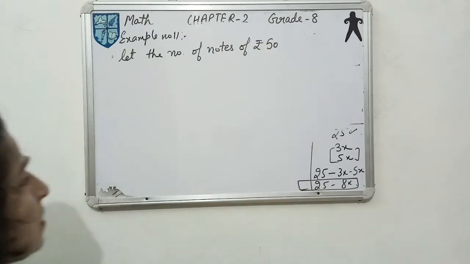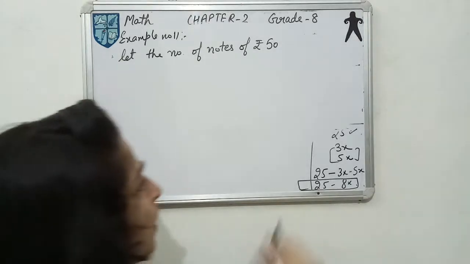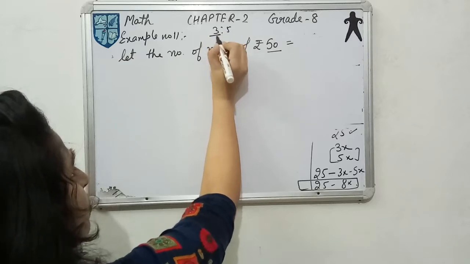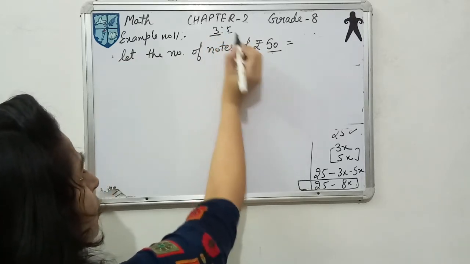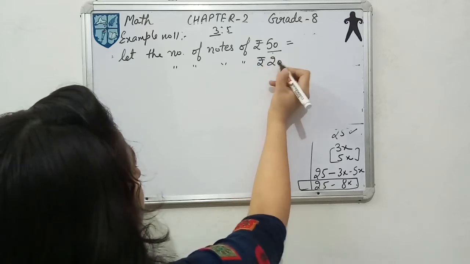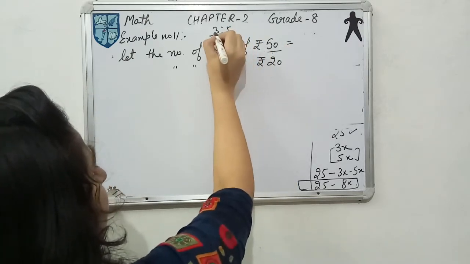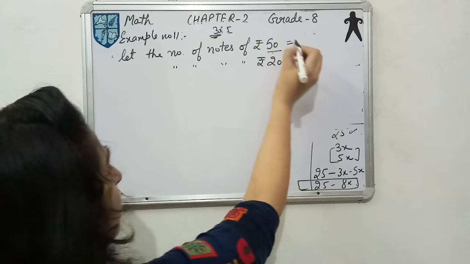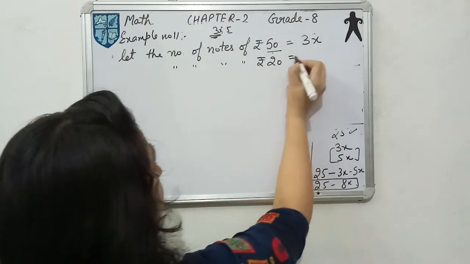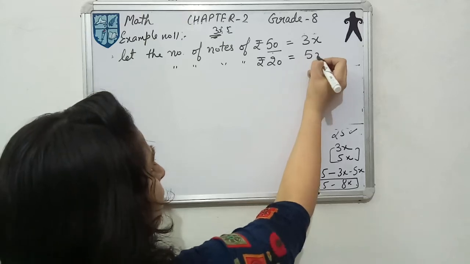It means how many notes you have for rupees 50. Their ratio is given as 3:5. The first ratio is related to the 50 and the second ratio is related to the rupees 20. So we will just add one x into it to get the quantity. So it should be 3x, and for 20 it should be 5x.